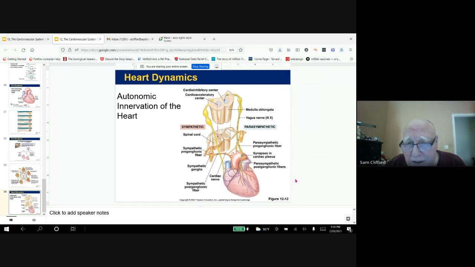The heart is naturally rhythmic. Based upon the conduction system of the heart, it beats all the time to establish heart rate. But the sympathetic and parasympathetic system can accelerate the heart, and this is a very strong impulse. The parasympathetic slows the heart, so we have rest and digest, we have fight or flight.